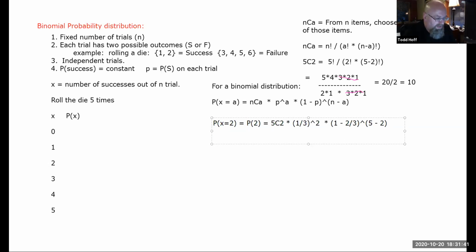So we know that 5 choose 2 is 10. And of course, this is 1/3 to the power of 2 times 2/3 to the power of 3. Let's calculate that quick.